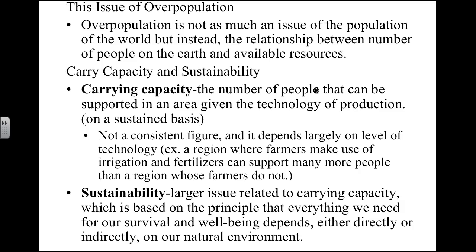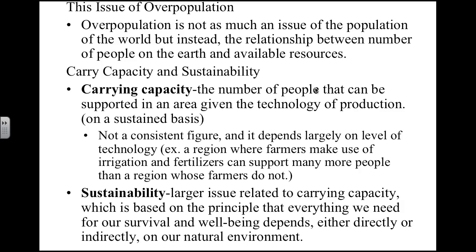Carrying capacity and sustainability are terms that you'll see. Carrying capacity is how much the land can carry in terms of supporting people on a sustained basis. So it's not a consistent figure like it says there. It depends largely on the level of technology.